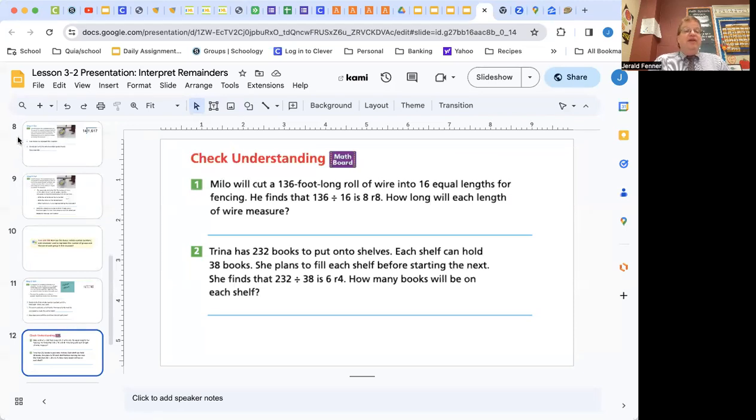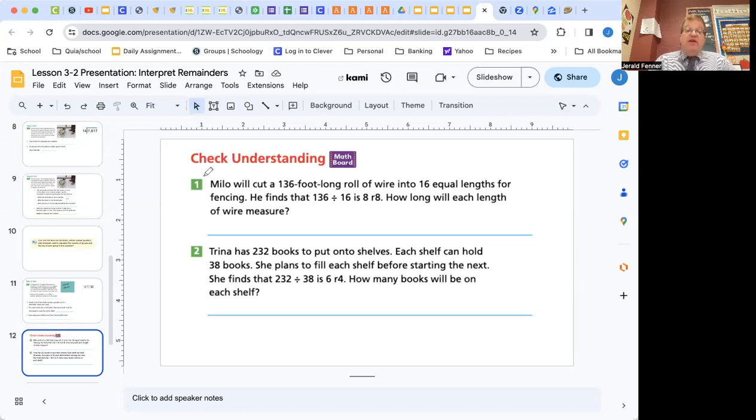Okay, so let's take a look at it. We need to have our highlighter. Okay, Milo will cut a 136 foot long roll of wire into 16 equal lengths for fencing. He finds that 136 divided by 16 is 8, remainder 8.